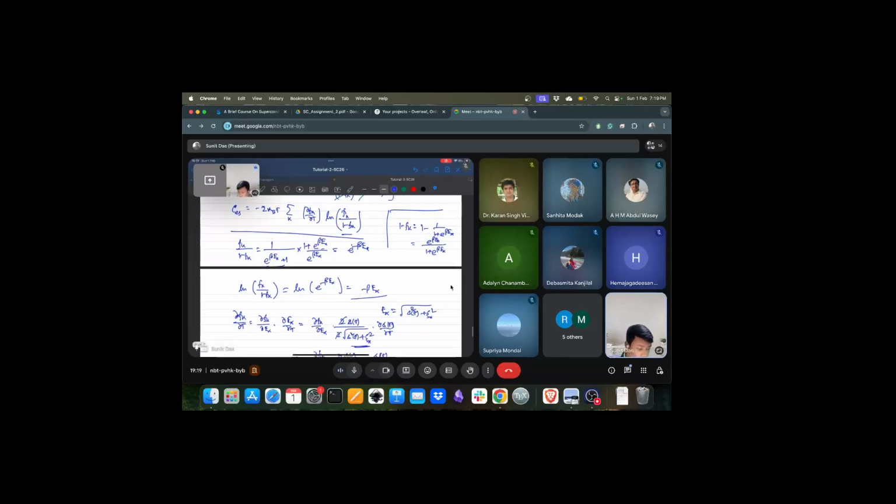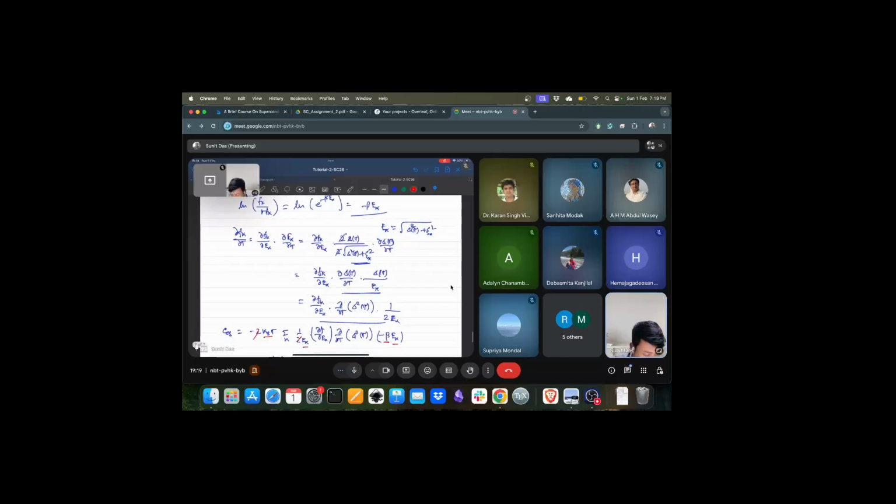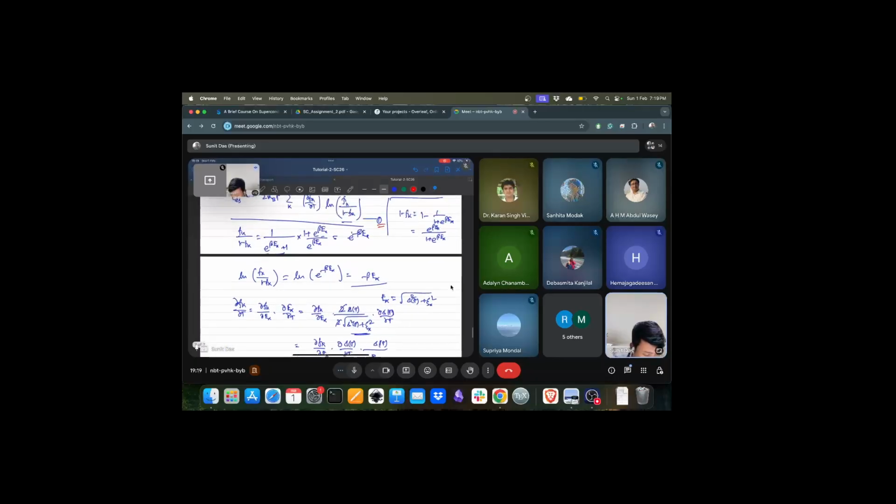Now this expression is correct. Equation 1 is correct. Then this is also correct.